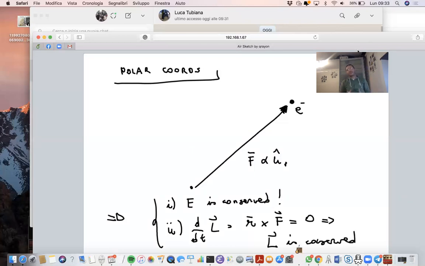So how do these two conservation laws guide us in choosing a better reference frame?